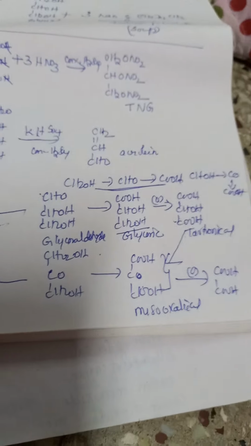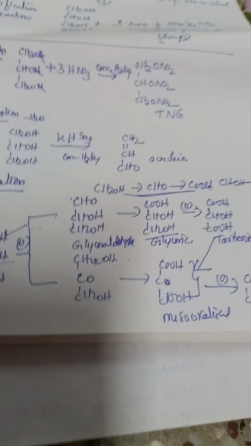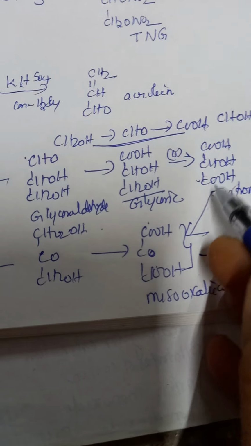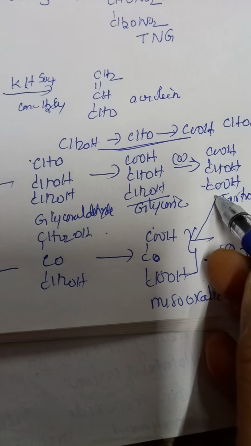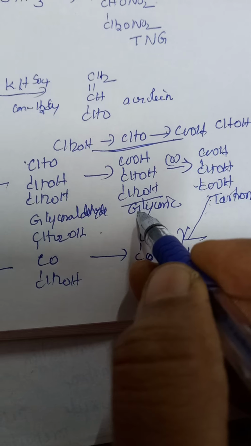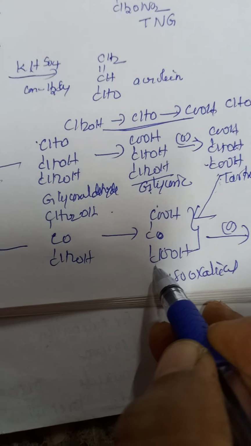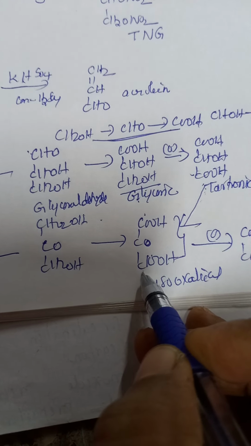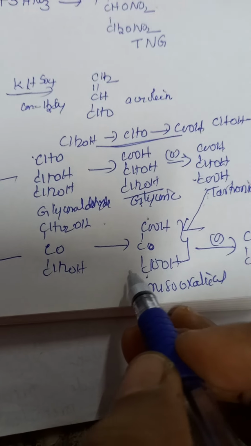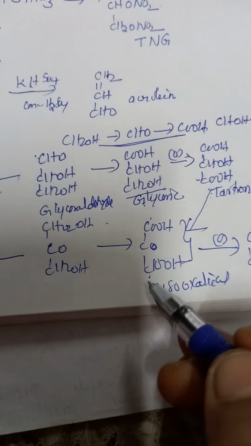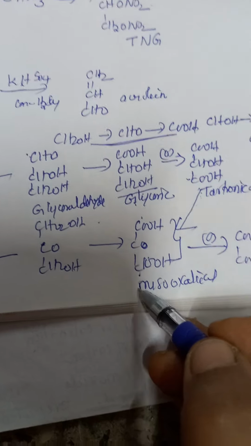Now I'll tell you the various oxidizing agents. For converting to glyceric acid and tartronic acid, dilute nitric acid is used. For glyceric acid, concentrated nitric acid is used. For mesoxalic acid, bismuth nitrate is used. Also bromine water, sodium hypobromite and Fenton's reagent.